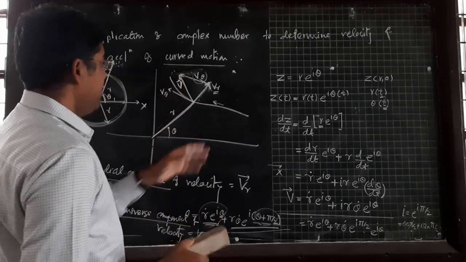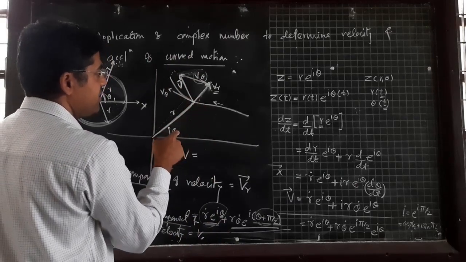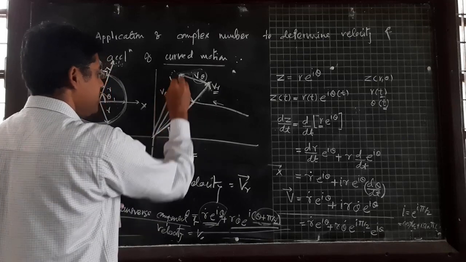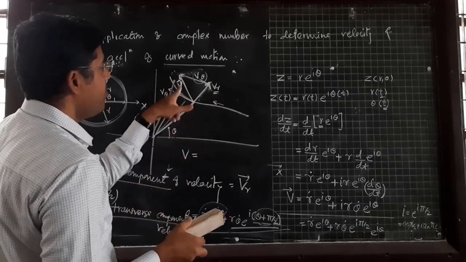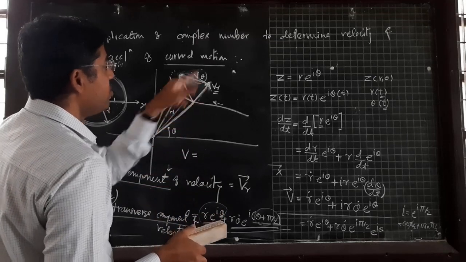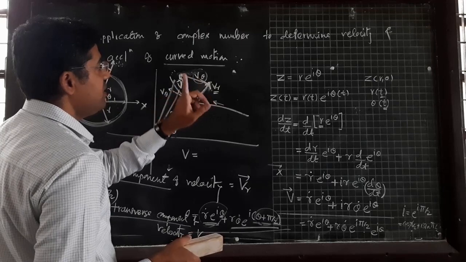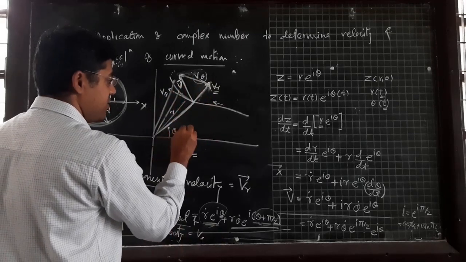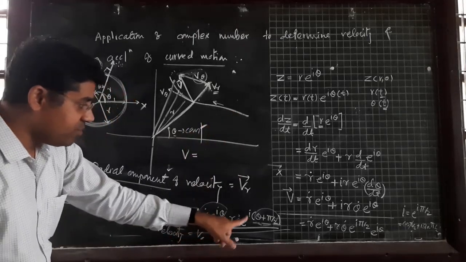Okay. Now this theta is also changed. Don't consider theta only here. So at this particular position, theta will be changed, r will be changed. So this is the combination. If your r and theta both are changed simultaneously, then the velocity is this. Suppose your theta is constant. Theta is constant means d theta by dt is 0.